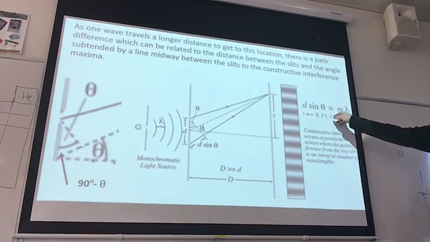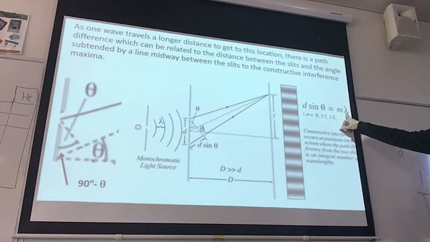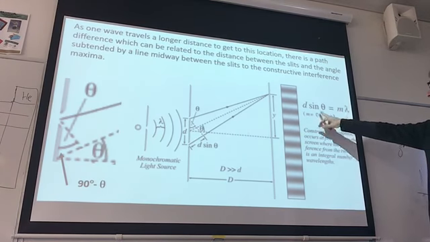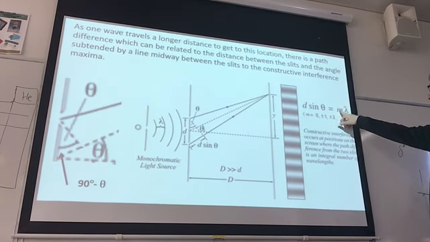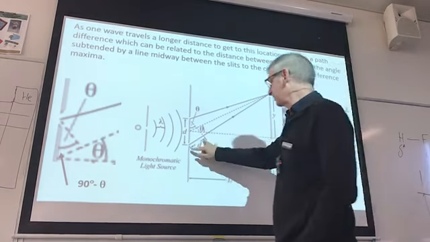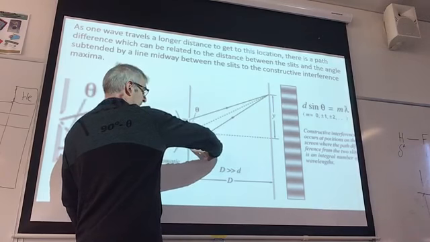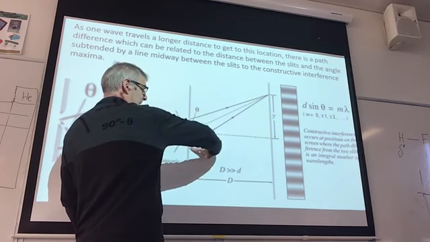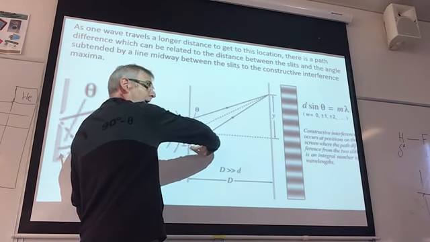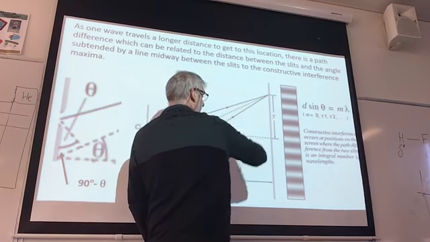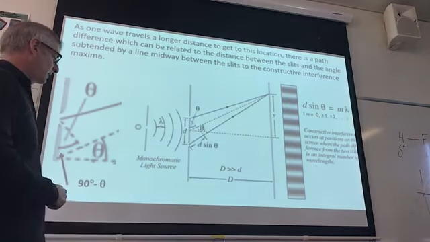So d sine theta is a multiple of the wavelength. Where d sine theta is an even multiple, you'll get constructive interference. That's the extra path distance that the light wave has travelled, and if that extra path difference is a whole wavelength, then you get constructive interference.